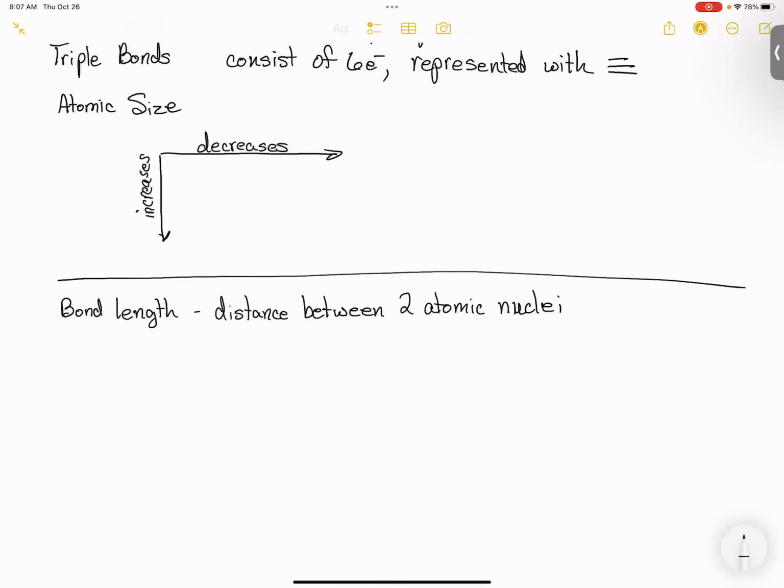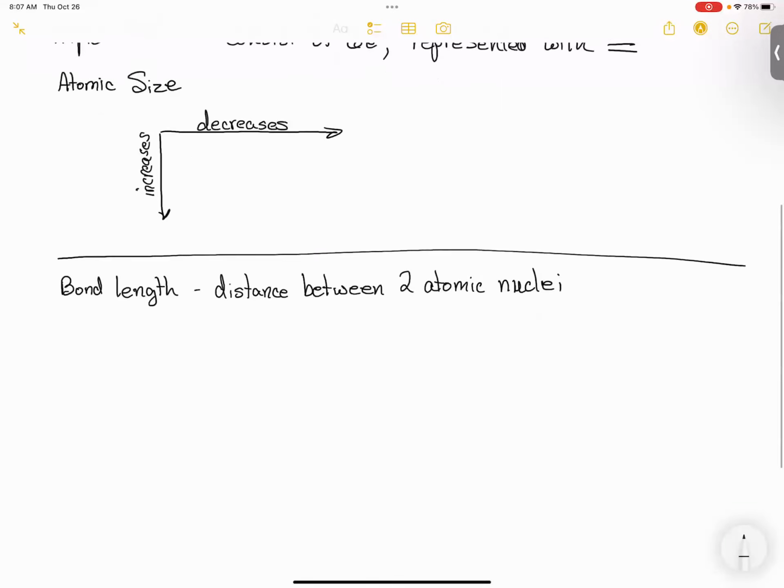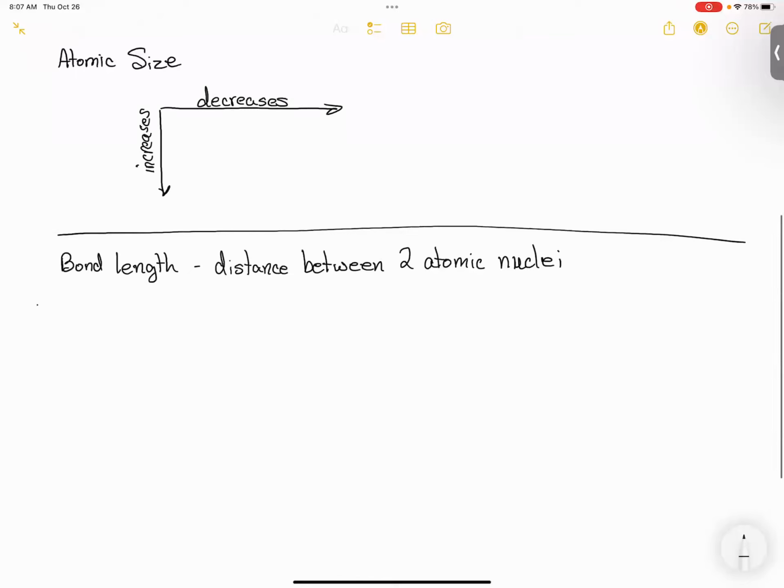Now, to help us see this, let's just talk about our halogens. If you'll recall, halogens are diatomic elements. So we're talking about F2, Cl2, Br2, I2.